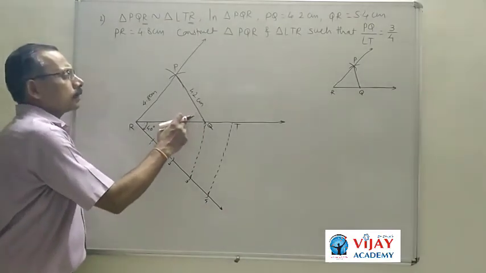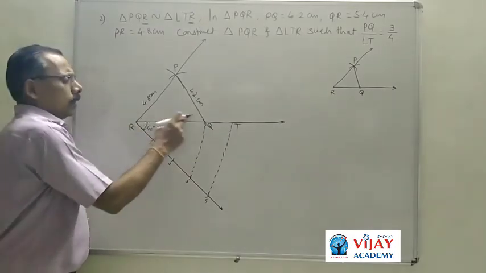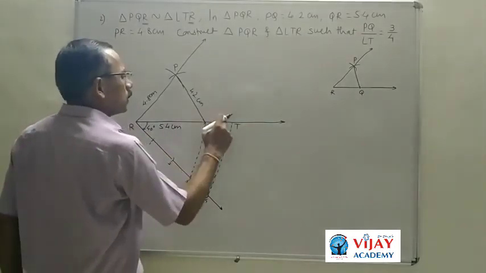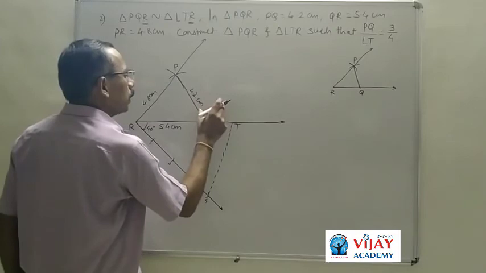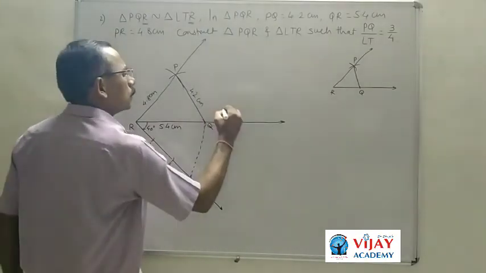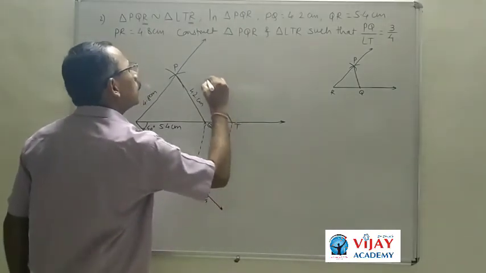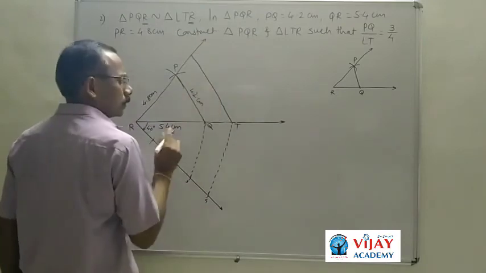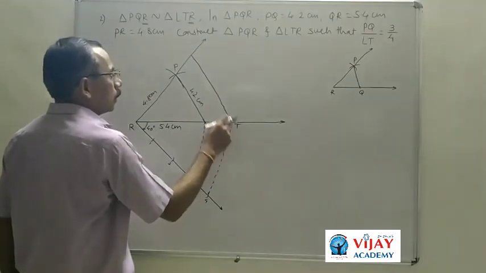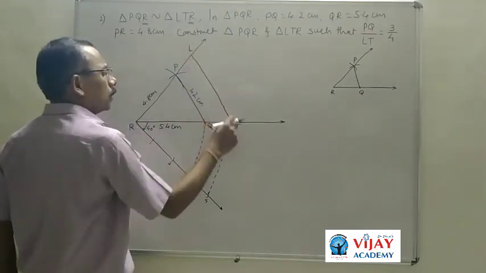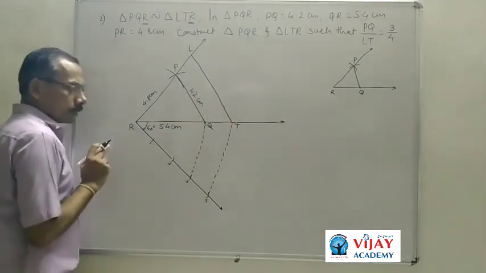Similarly, measure this angle PQR and take T as the vertex. Draw the same angle at this point T, and we get this point and draw this side, that is LT, which is parallel to PQ, again by the corresponding angle test.